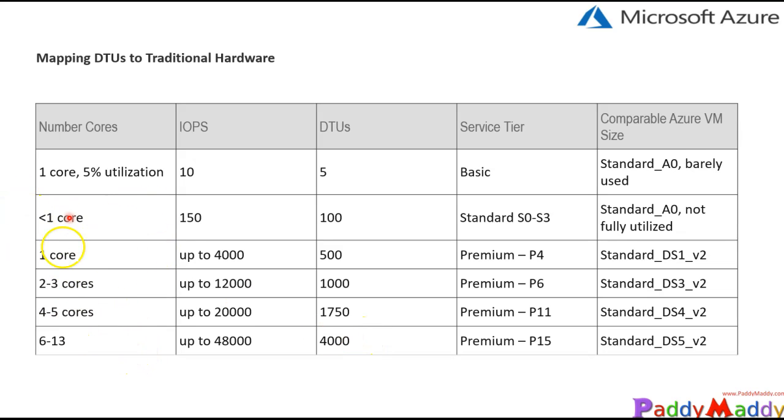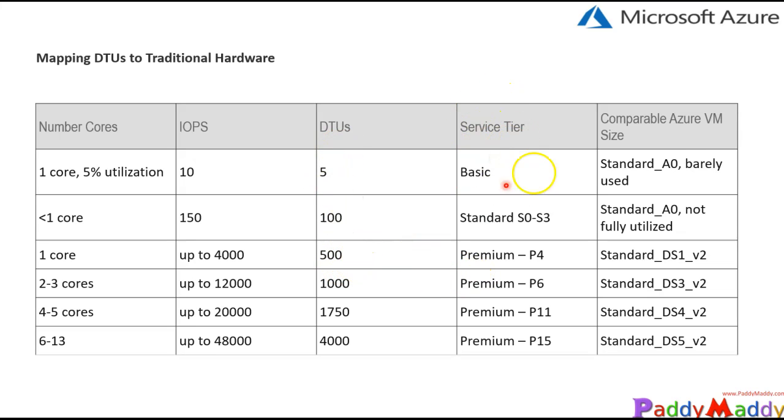If you look here, maybe you have a single core processor, and you may have up to some IOPS. If you run any IOPS configuration tool, you will come to know what kind of IOPS you are getting. Based on that, you can calculate, or just match the closest one. Like, you might need up to 100 DTUs, and if it is 4000 IOPS, then you might end up with 500 DTUs.